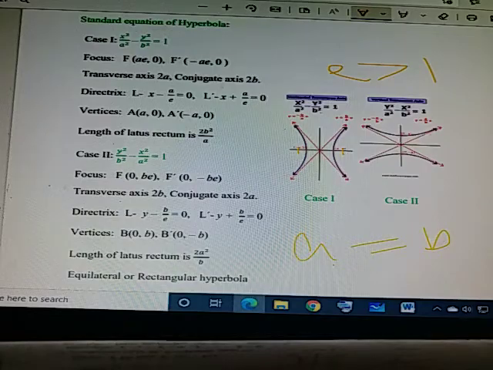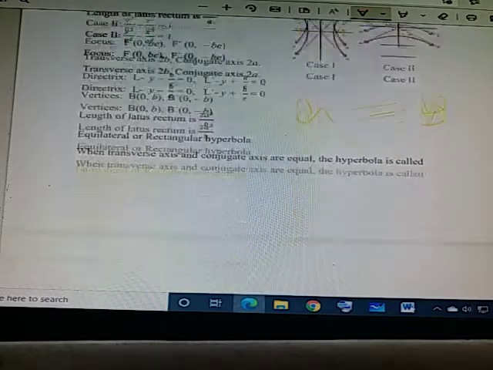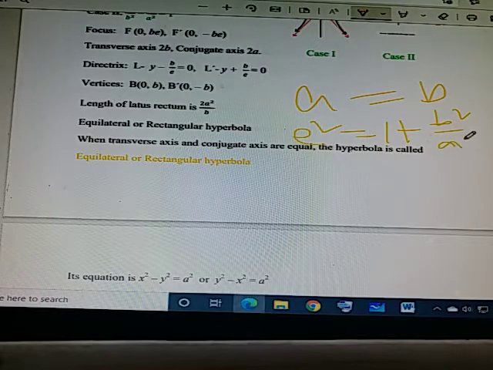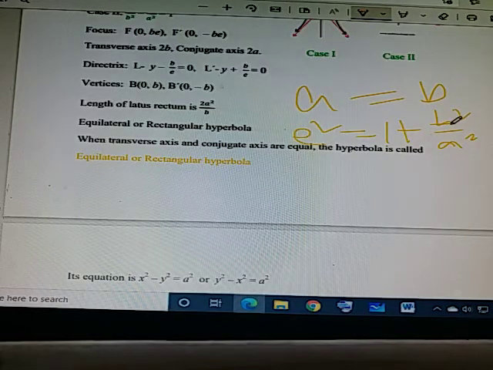In this case, e square is equal to 1 plus b square by a square, where b is the conjugate axis and a is the transverse axis. And when a is equal to b, then e is equal to root 2.